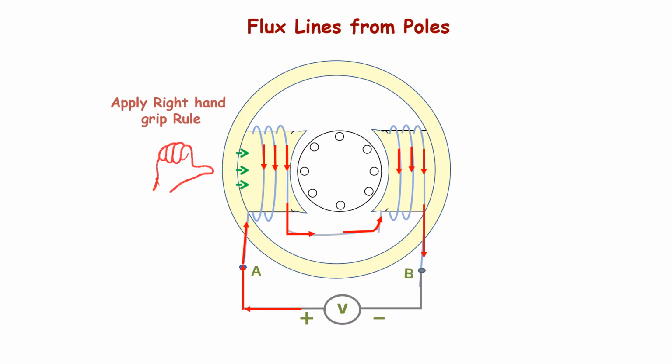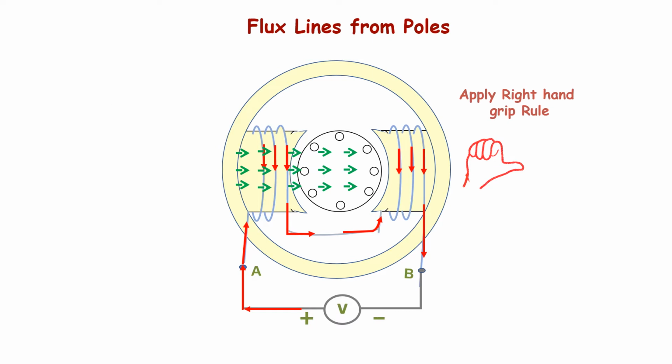So the field lines will be produced in the direction towards right. Apply the right hand grip rule in the similar way to the second field coil. The thumb is directed towards right, so the field lines will be towards right. We know the field lines are all closed lines. The field lines pass through the yoke and form the closed paths.